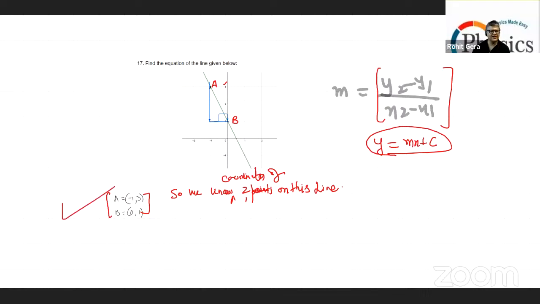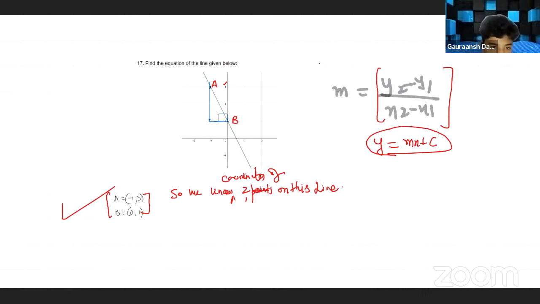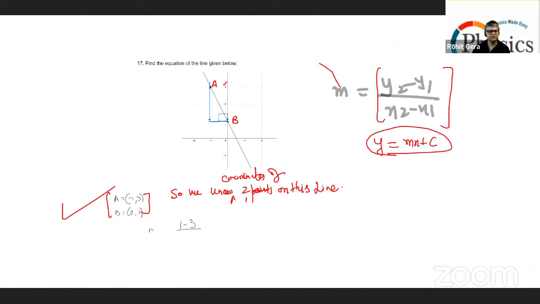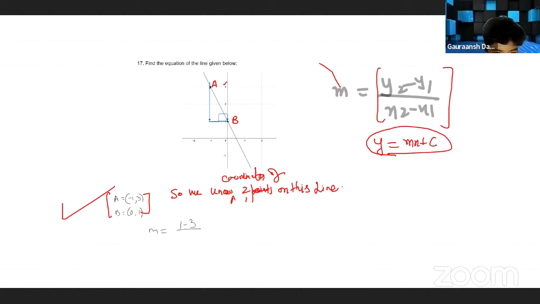Second step, you will find the gradient, which is this. Now put the values. So it's going to be 1 minus 3, m equals 1 minus 3 by 0 minus -1.